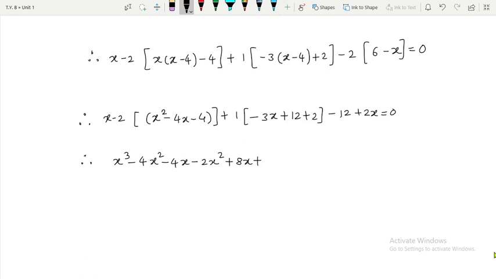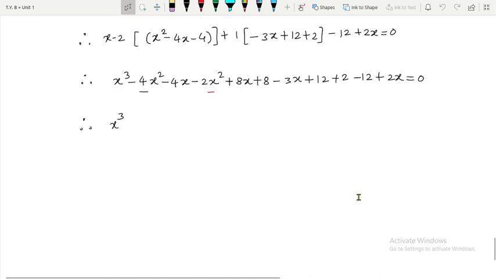So this requires a little bit of practice. After practice you will be able to do these calculations very easily. There is going to be only one term of x cube, so I will write it as it is. Now let us see how many terms of x square there are. 1, 2. So minus 4x square minus 2x square will be minus 6x square.